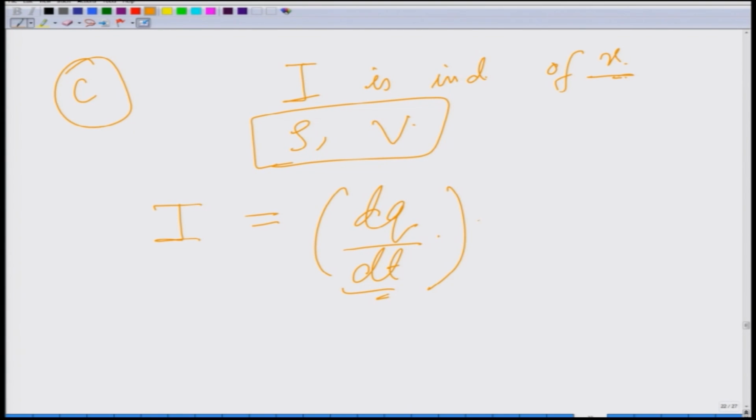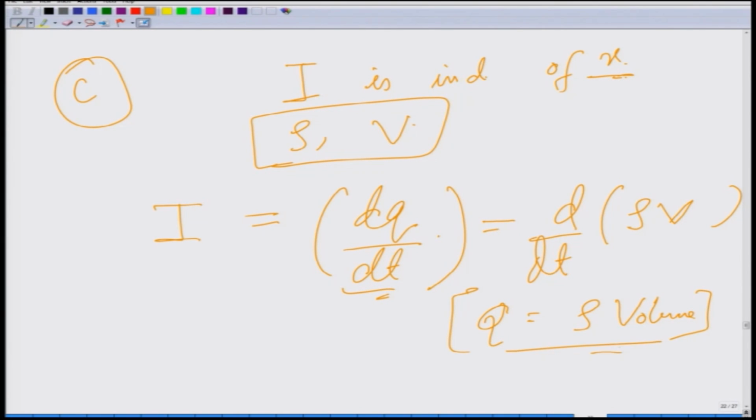So, this is basically d/dt of rho times dv, because Q is rho times the volume. So, now from there you can find out what is the steady state current.